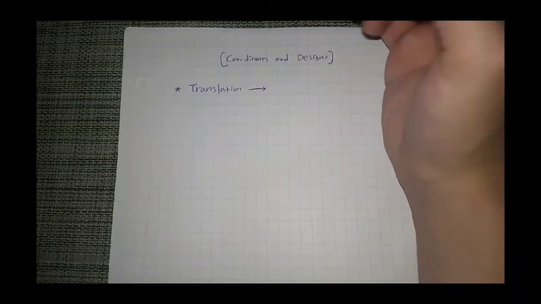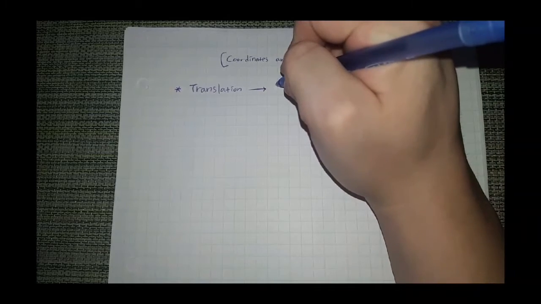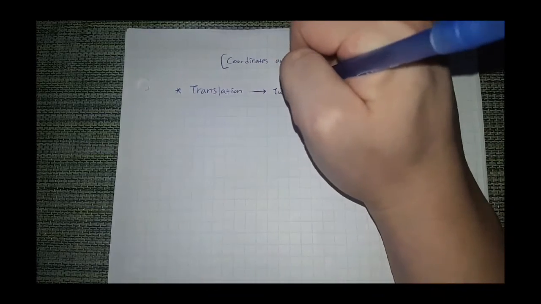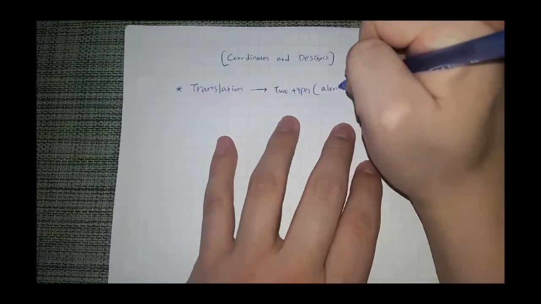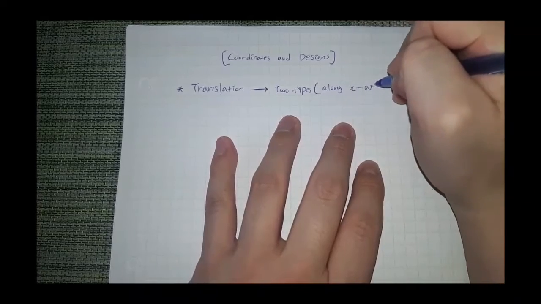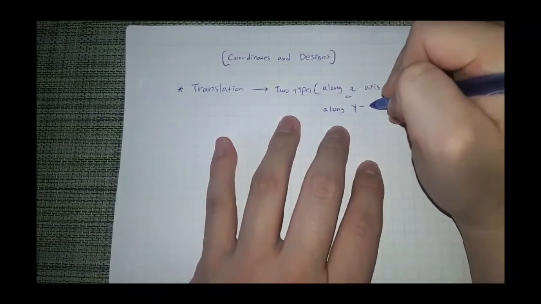So when I say translation, first thing first, you need to understand that there are two types, like I mentioned, along the x-axis or along the y-axis.